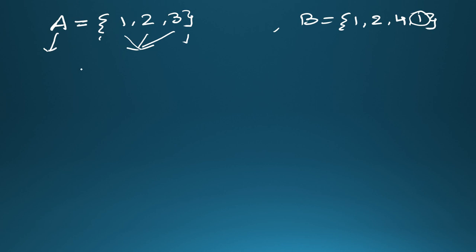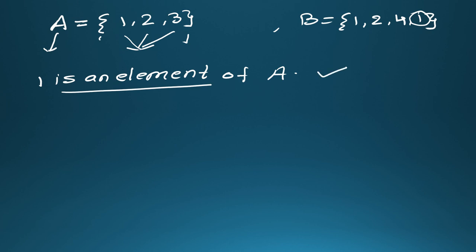Now there are some special symbols you are going to study. Maybe this is for the first time, because these symbols were not in grade 10. So, if I say 1 is an element of A, what will you say, yes or no? Yes, it is an element of A. Why? Because we can see 1 here. Or you can say it like this also, 1 belongs to A. This also conveys the same meaning.